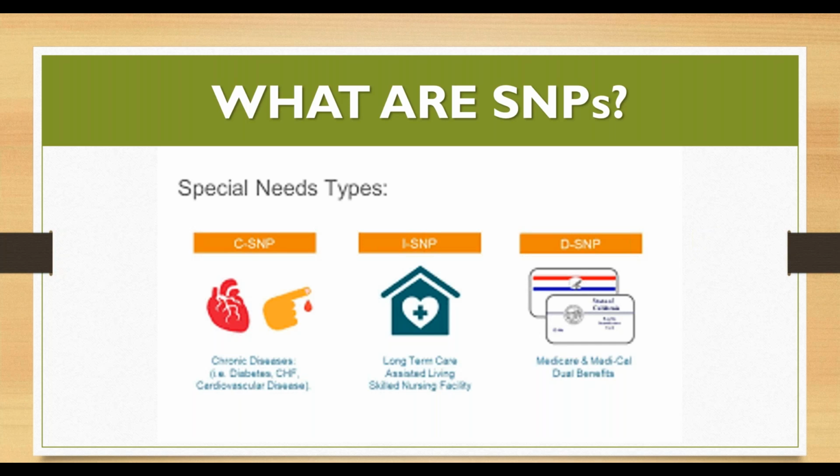We will really concentrate on the dual eligible, that's for both Medicare and Medicaid. And you need to really be aware of the C-SNP because that one can really solve the problem when you're looking for an SEP and you've discovered that your customer does have one of those chronic conditions.